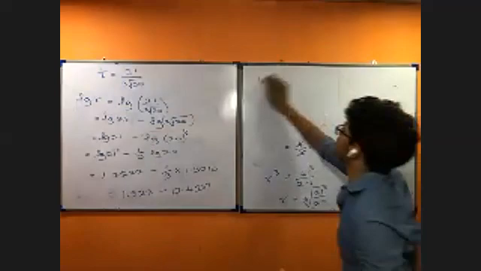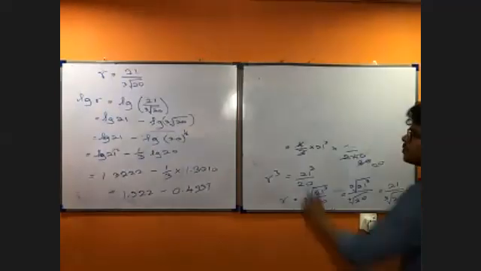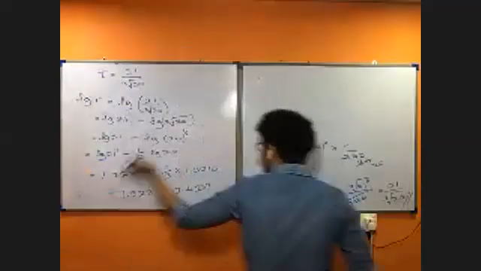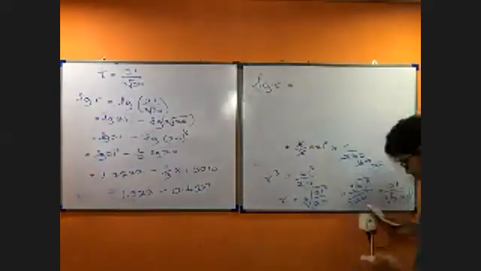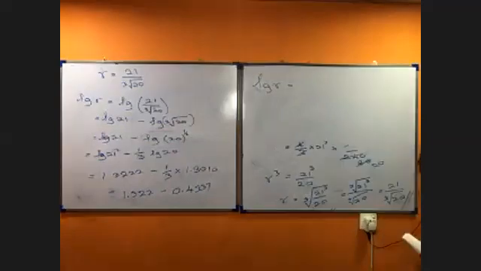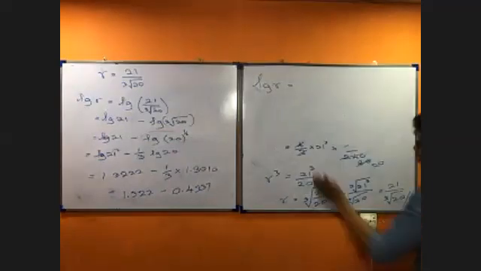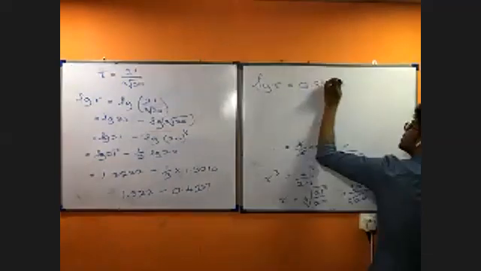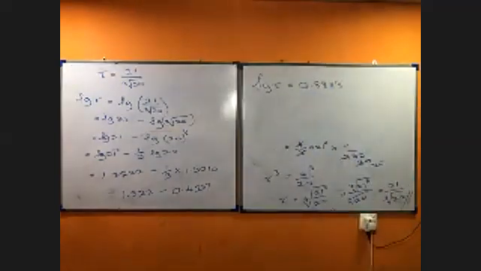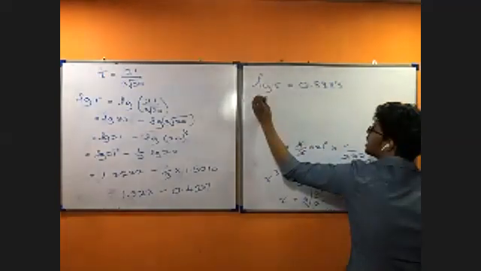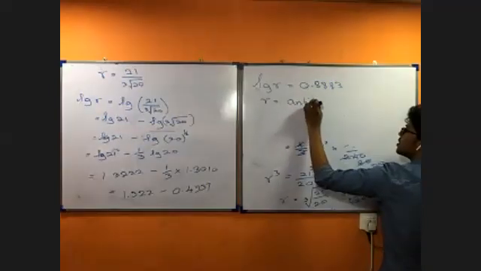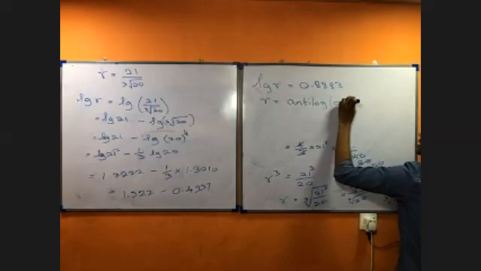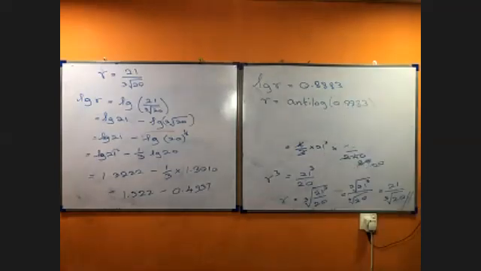Then this should give you log r. Here log r is equal to 0.8883. Now log r is equal to this much. You need to get the anti-log to find r. So r is equal to anti-log 0.8883.